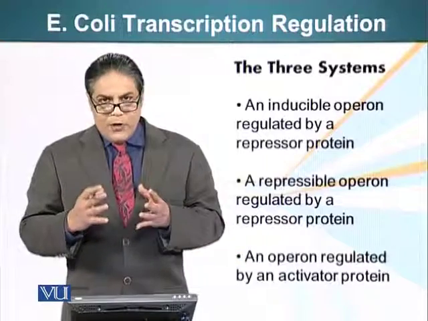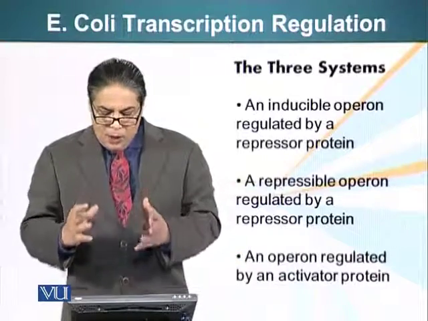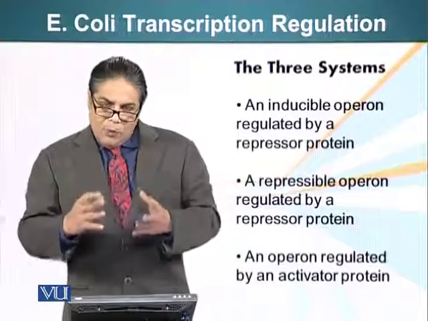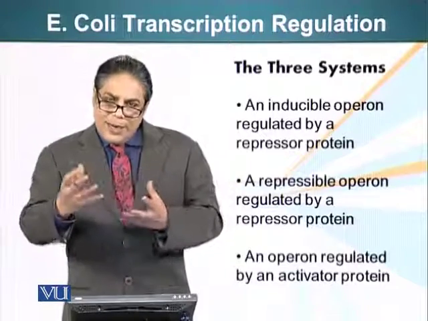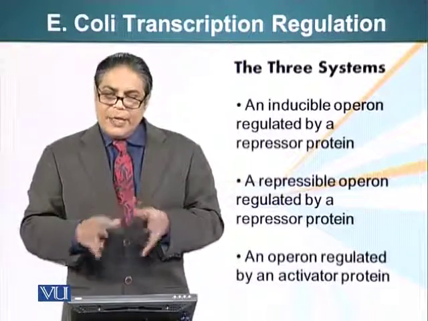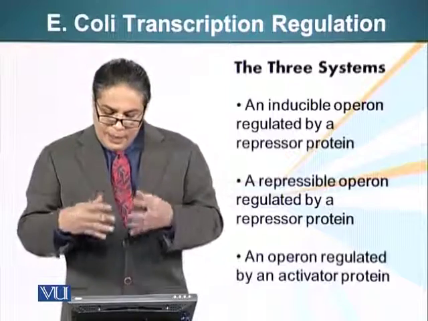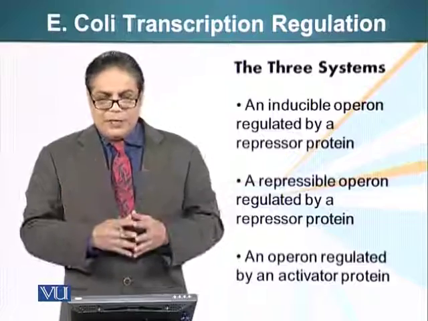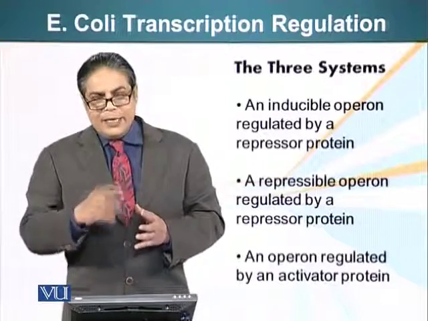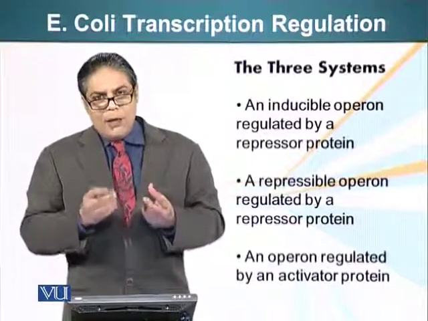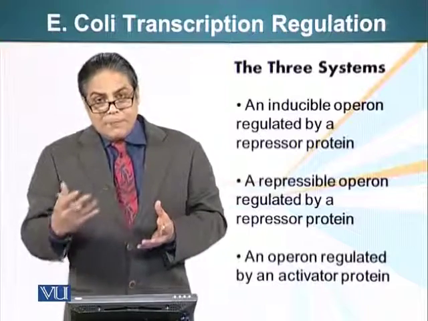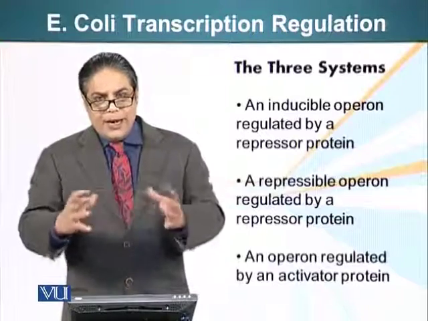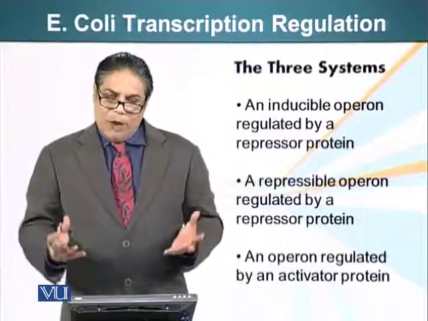And the positive control, where we saw how a promoter's ability to recruit RNA polymerase can be enhanced by a protein acting as an activator. So we have seen 3 examples of how a small bacterium can regulate expression of its proteins depending upon its needs or the environmental changes.